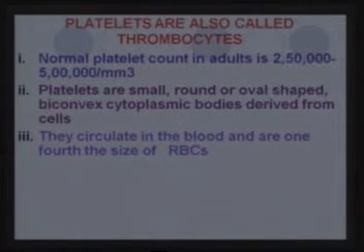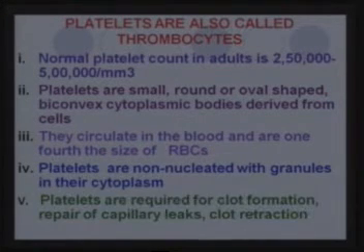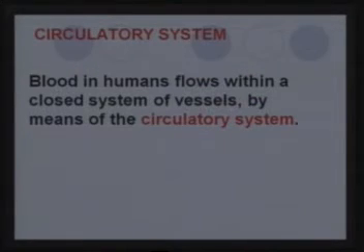They circulate in the blood and are 1/4 the size of the RBCs. They have granules, and that is why when you have dengue or any other disease, the platelet count becomes very important.